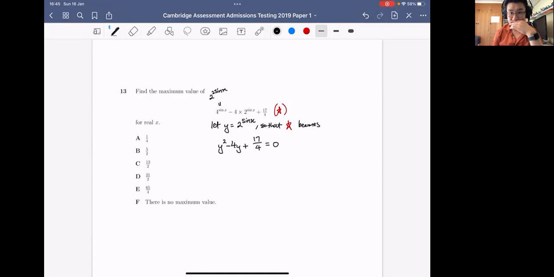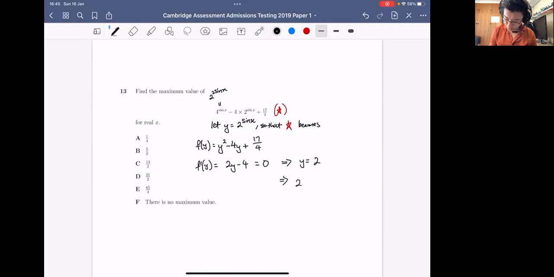Okay, then find the maximum value. Oh okay, so I guess let's do f of y. Then f prime of y is 2y minus 4. If you set that equal to 0, that means y is equal to 2.